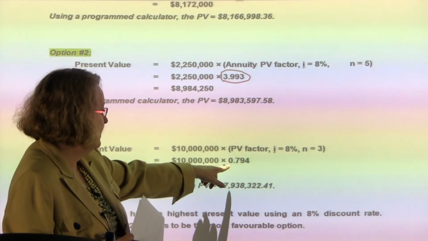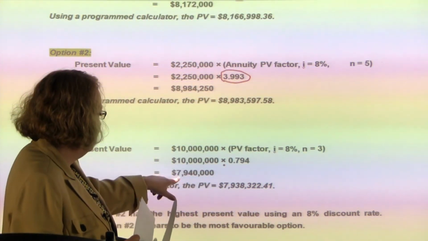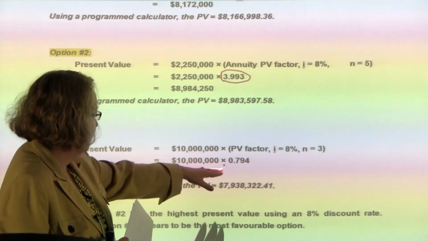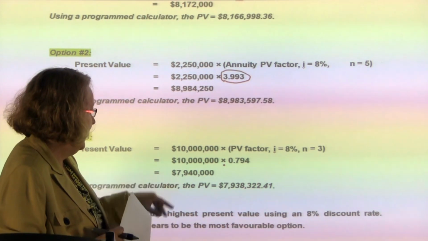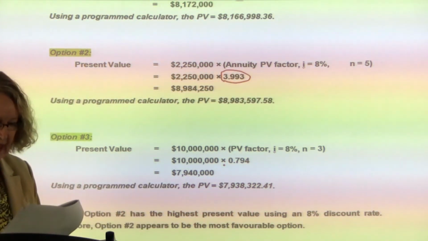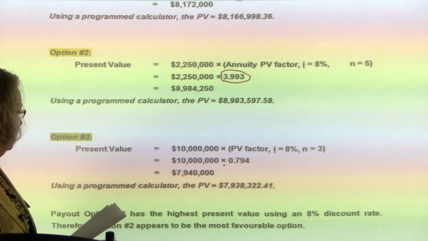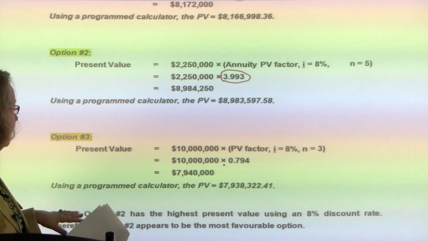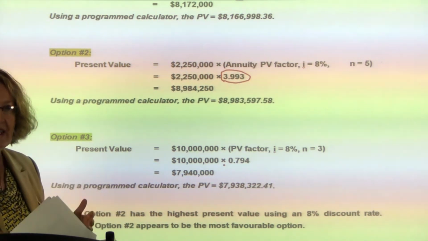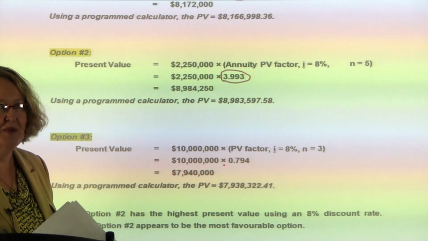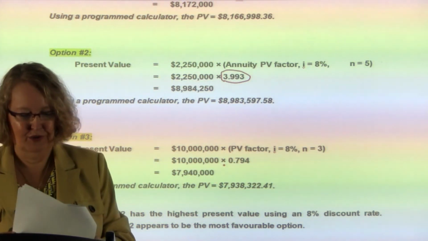Again, you're going to look up the present value table for that and multiply it by the factor 0.794, so that would be worth $7,940,000. So obviously, option 2 has the highest present value, so that is the option that the winner should choose.